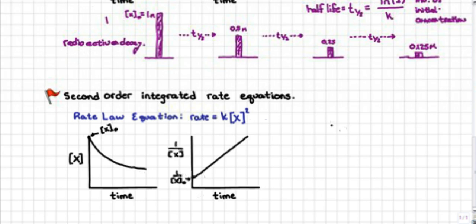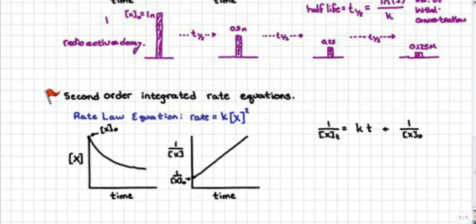The second order integrated rate equation goes something like this. We have 1 over the concentration of X at whatever time we're considering, and that is going to be equal to k times t plus 1 over the concentration of X as it was initially.